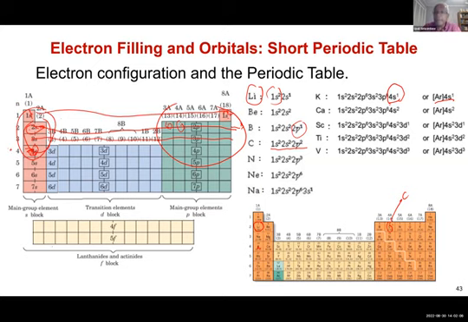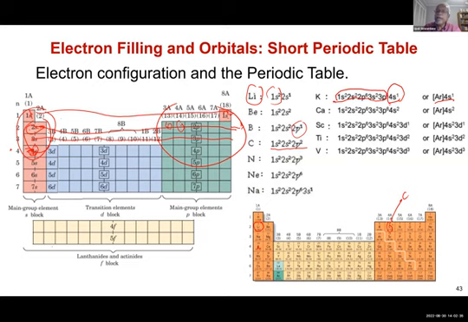Now, because electrons in the outermost shell, which we call valence shell, I'm going to define it in a minute, are very important for chemistry because that's where the electrons make bonds. So the rest is kind of inside the atom.